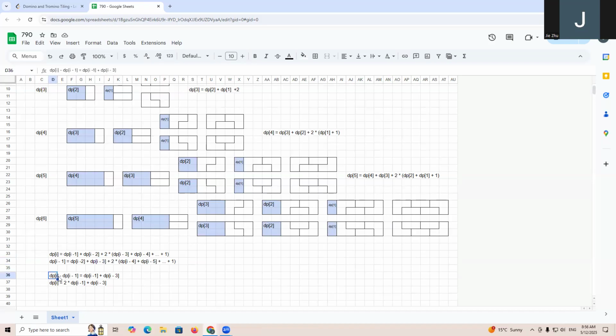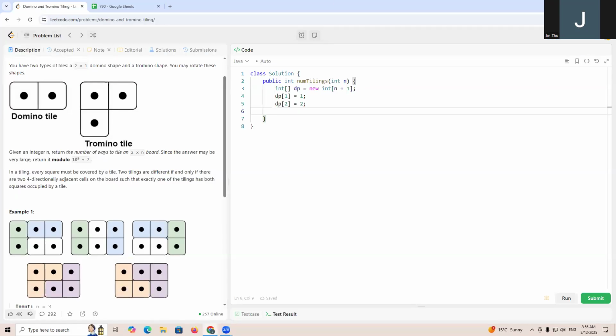So you get dp[i] minus dp[i-1] equals dp[i-1] plus dp[i-3]. So dp[i] will be 2 multiplied by dp[i-1] plus dp[i-3]. If we know this transformation formula, it will be easy to write the code.